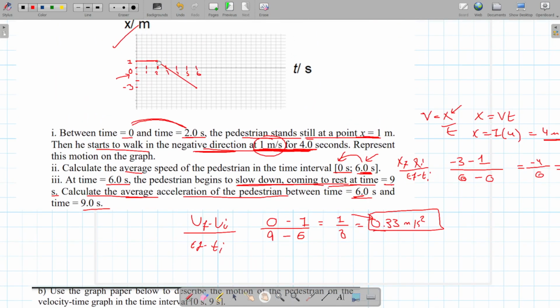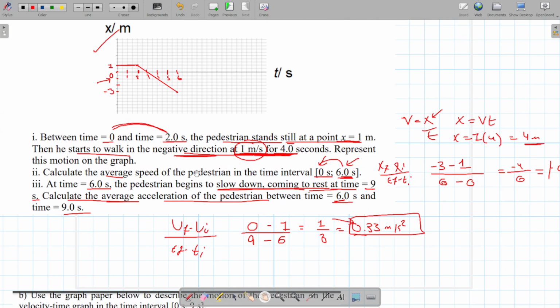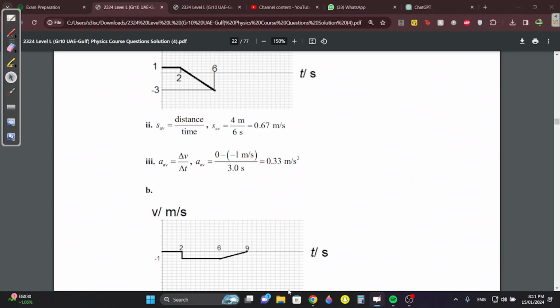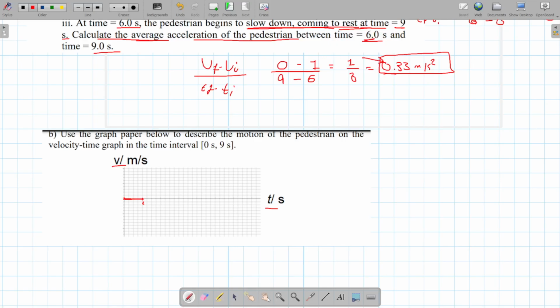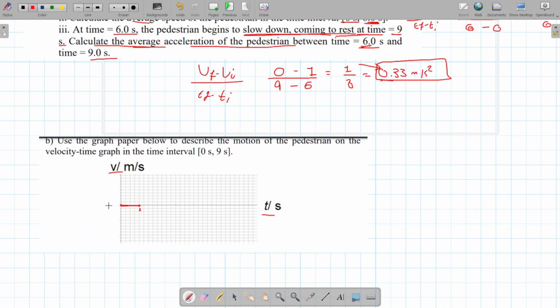Then we increased until we reached a velocity of 1 meter per second. Why is it negative 1? Yes, negative 1, because we said in the negative direction. So we go down from 0.